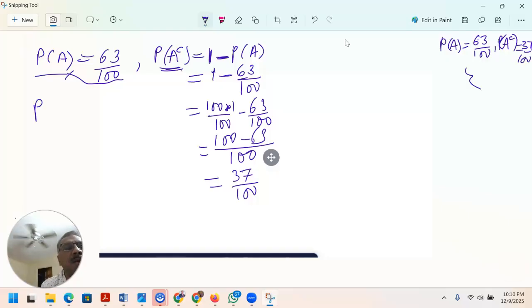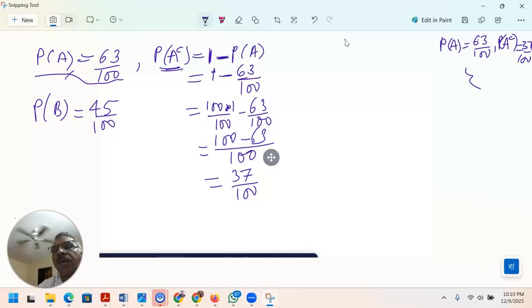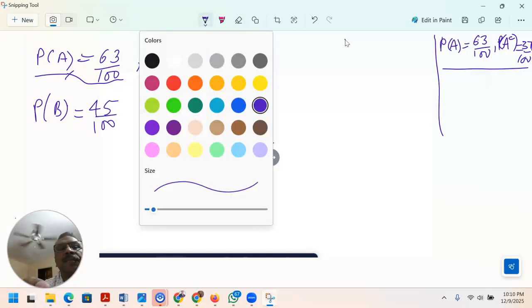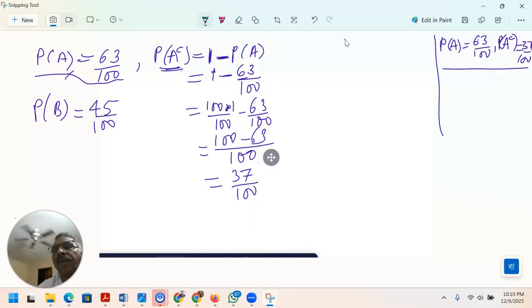Now the probability that the student selected is an Instagram user: you saw there were 45 students, so this is 45 out of 100. I'm going to use a green color for this. So probability of B is 45 out of 100.